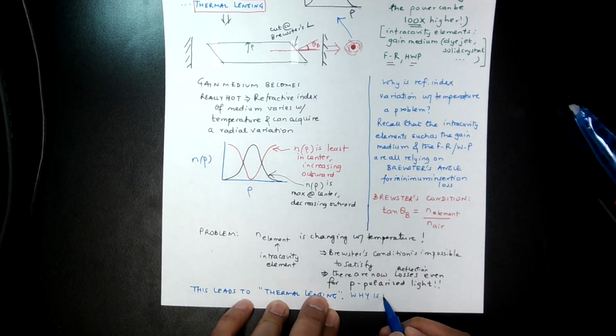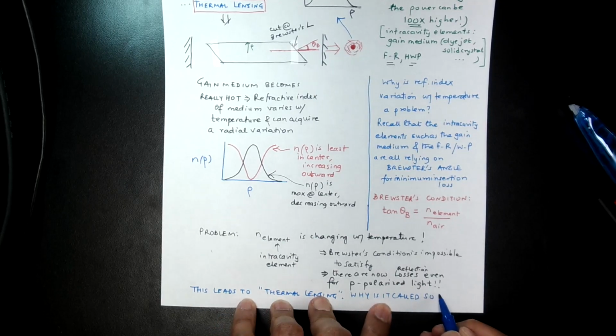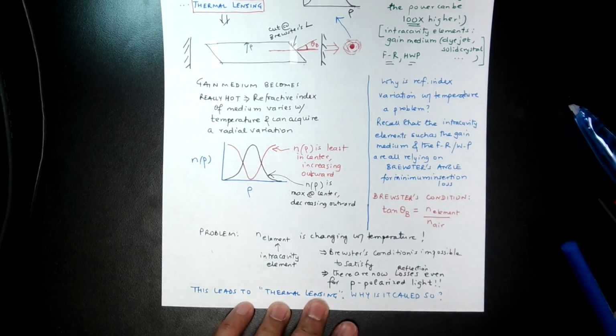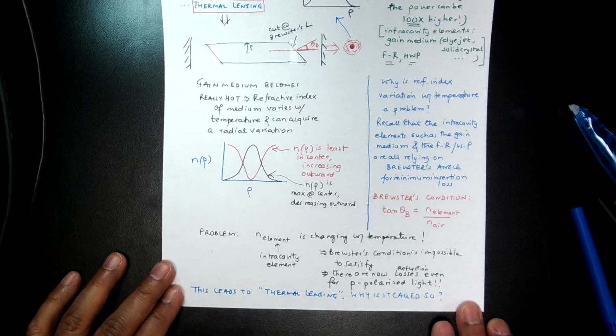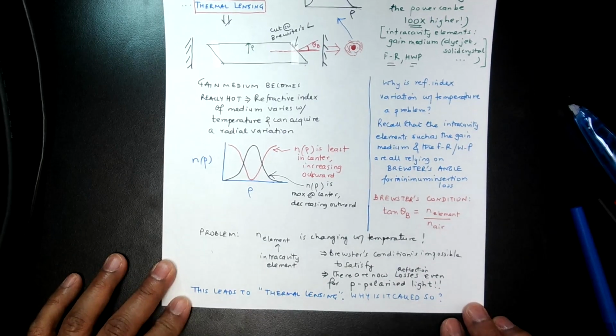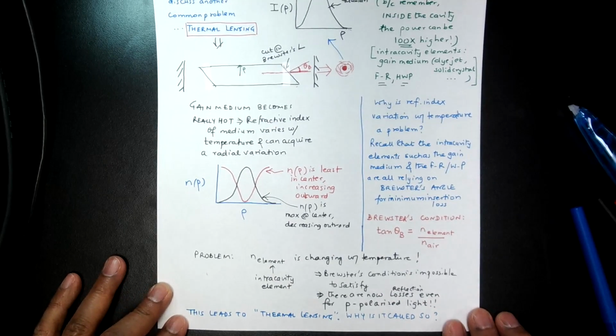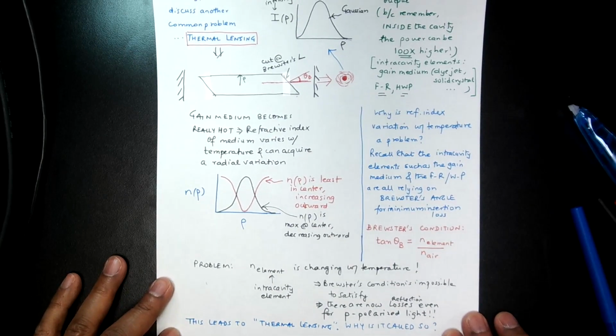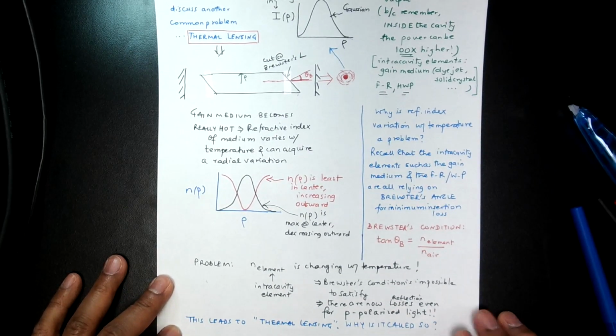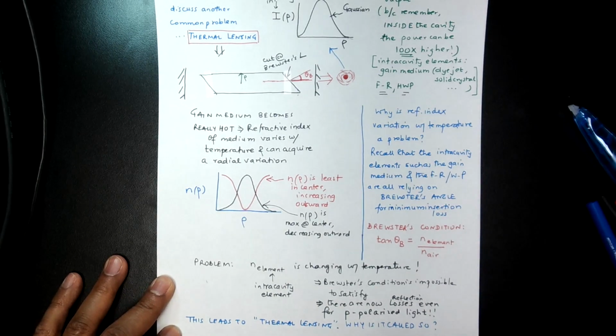Because lensing implies that there is either a focusing or a defocusing of the light, and that, of course, is impossible to see from what we just did here. So why is it called so? And, of course, how to get rid of this. I will take that up in my next video.